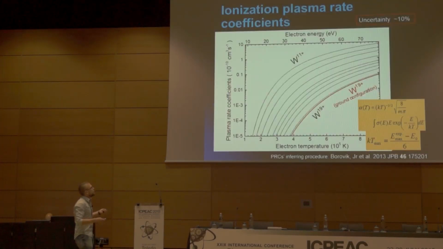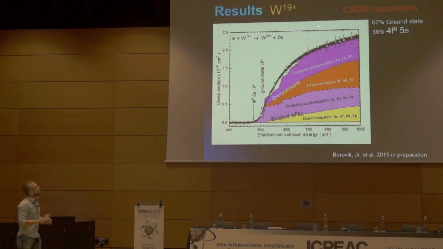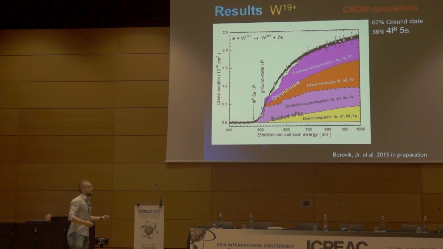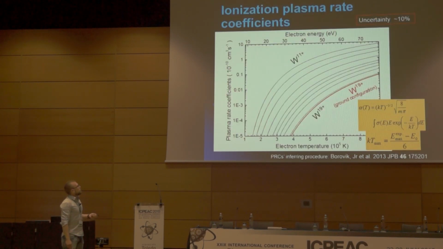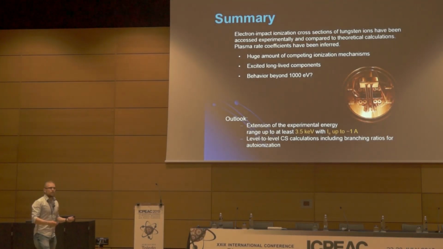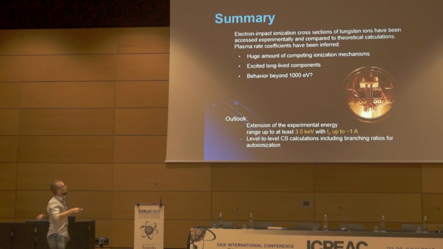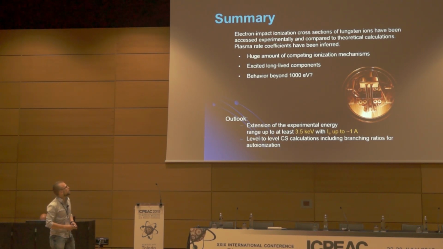So in this case, we can only reach 80. Unfortunately. And if we would do this, for example, in the case of tungsten 19 plus, without knowing what is actually the real contribution of the direct ionization processes, this would be just a simple speculation. So for that, we would need to go experimentally at least 1 keV beyond the present experimental energy limit of 1 keV.